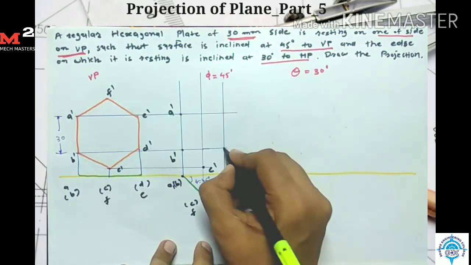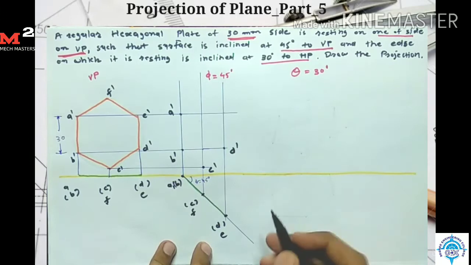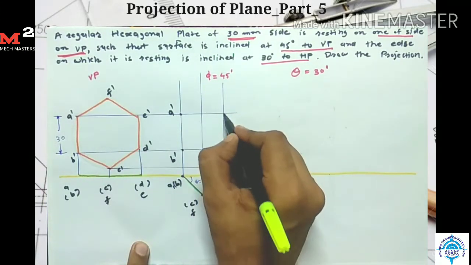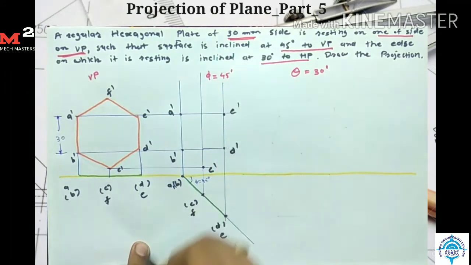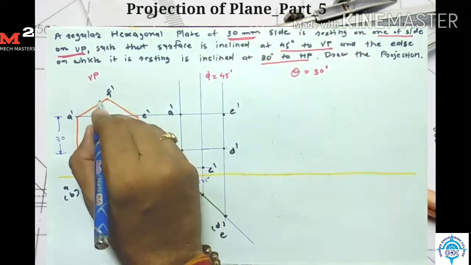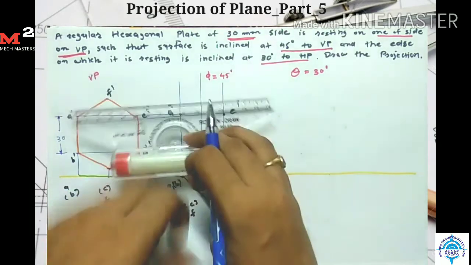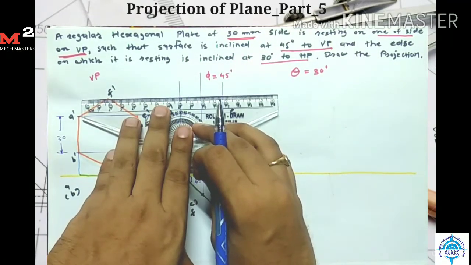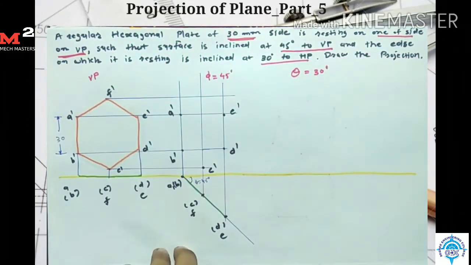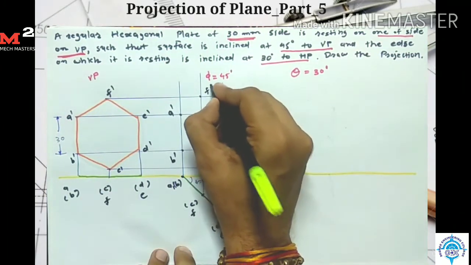So here I get my point D dash. Now for point E, I take the projection from here and from here. So here I get my point E dash. For point F dash, I take the projection from here and from here. So here I get my point F dash.